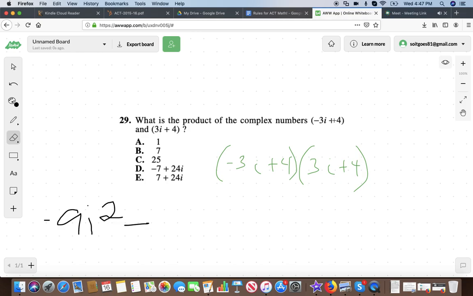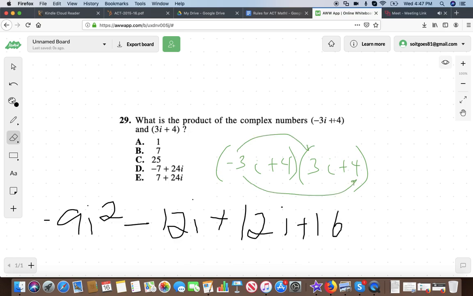Yep, negative 9i squared. Yep. So we got the first, that's where that negative 9i squared comes from, and then the outers, that's where that negative 12i comes from, and the inner, that's where positive 12i comes from, and then the lasts, that 4 times 4 gives us 16.